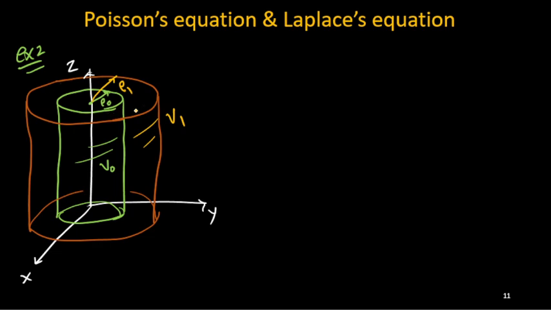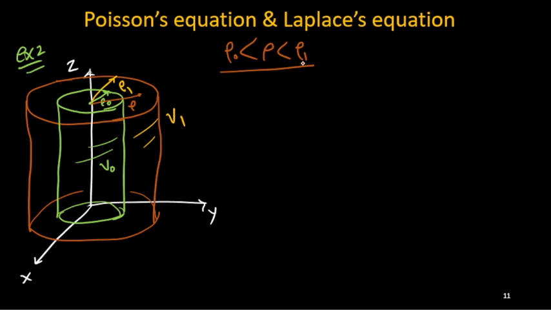Within the space I'll consider one point at distance rho, so that rho is between rho 0 and rho 1. So this region between the two cylinders is what we will consider.